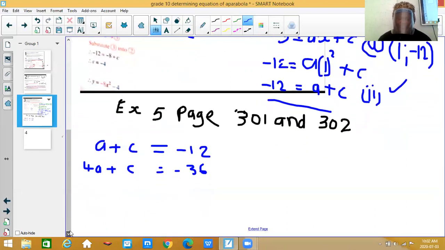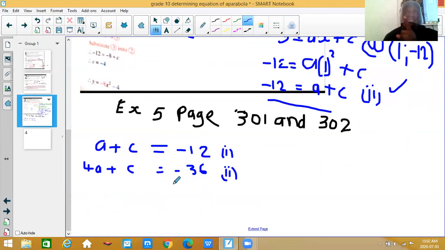Now, which method do you want us to use to solve this simultaneous equation? Substitution. Okay, we say this is equation 1, and this is equation 2. Now, from which one are we going to get our equation 3?